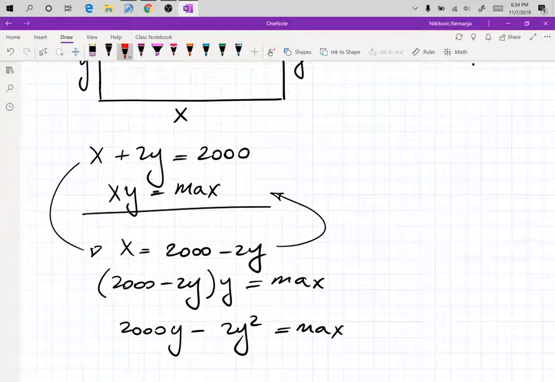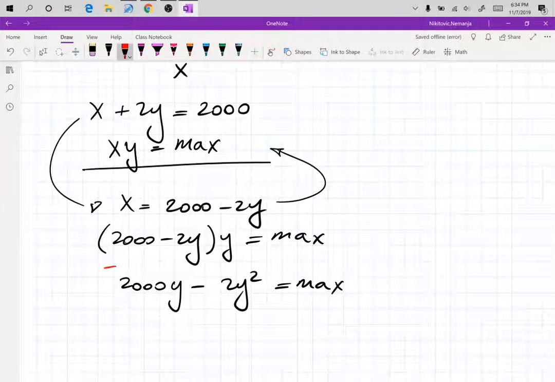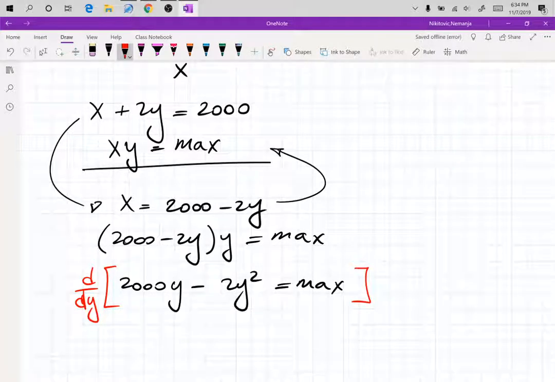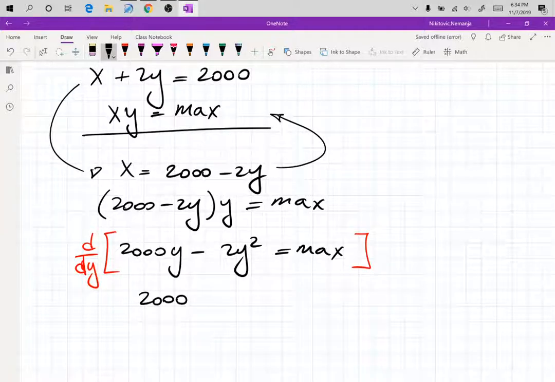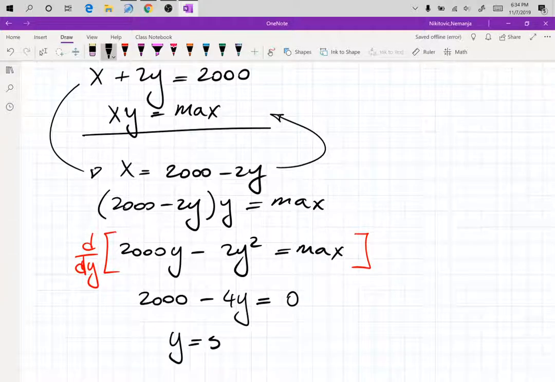And now, when we have one equation with one variable, we hit that with the derivative, this time d/dy, because we are now maximizing y, which in turn will give us maximum x as we go back. So what's my derivative of 2,000y? Very good. Minus 4y equals 0. And we get y equals 500.